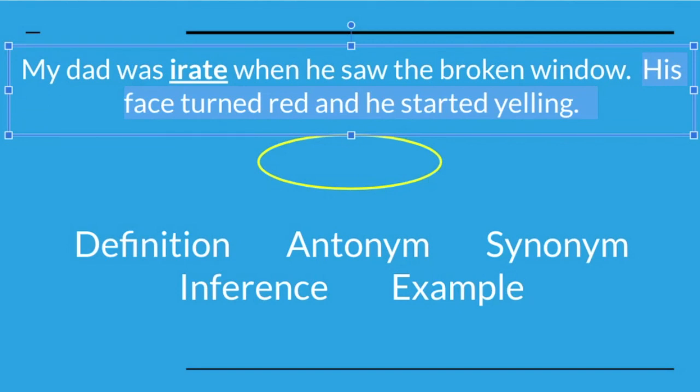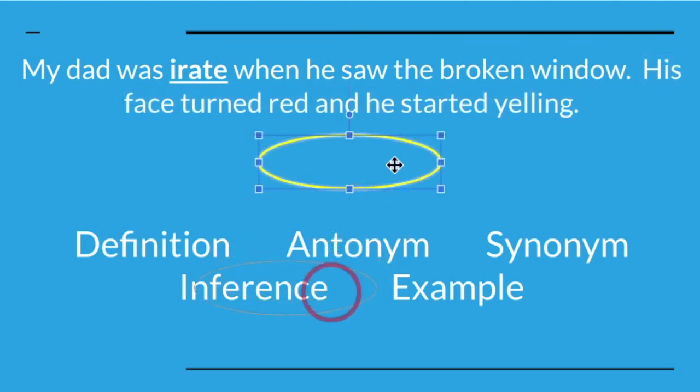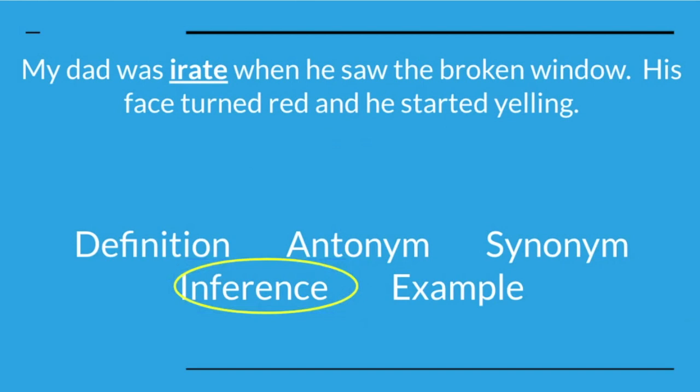What type of context clue is being used here to help you understand the word irate? Yes, it is an inference. So from what you already know about people whose faces turn red and start yelling, you can infer that they are probably angry. So irate means angry.